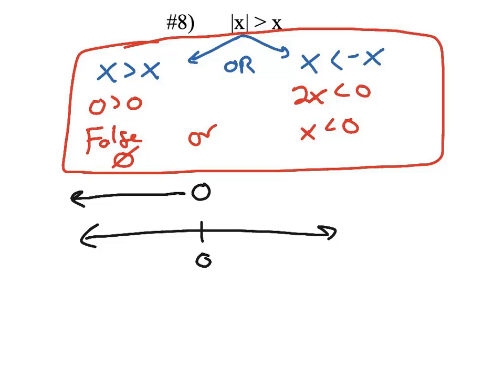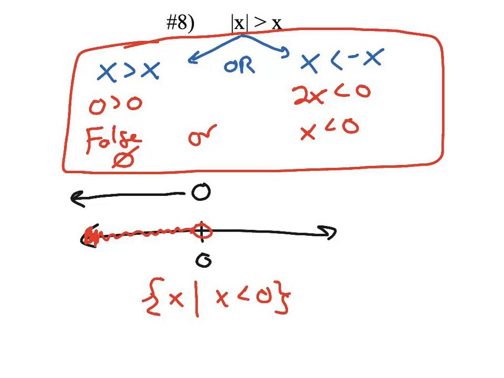So one answer says nothing. The other one said x is less than 0. So the combination, putting this all together, we're saying that the set of all x's is such that x is less than 0.